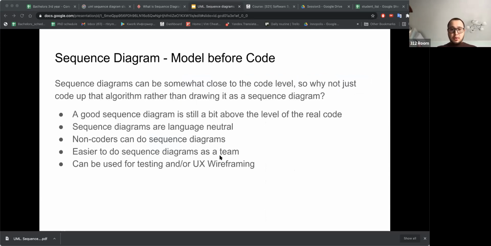Overall, when to use a sequence diagram, or what are the main benefits of a sequence diagram? You can think of it as a higher level, before-coding level. Non-coders or non-programmers can also make such sequence diagrams if they learn these notations.